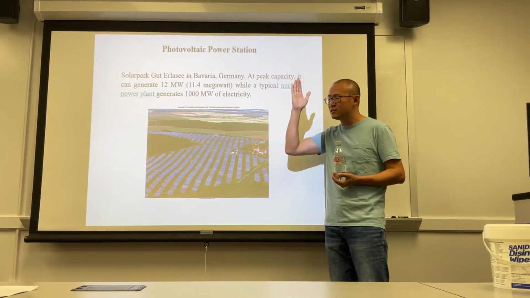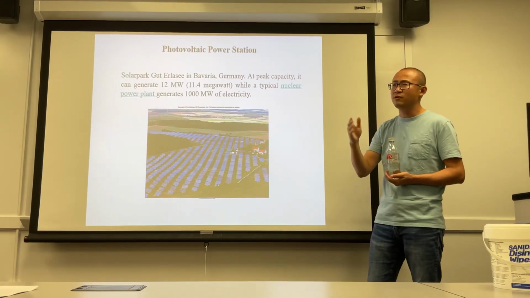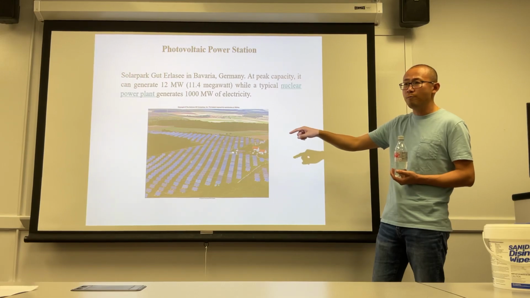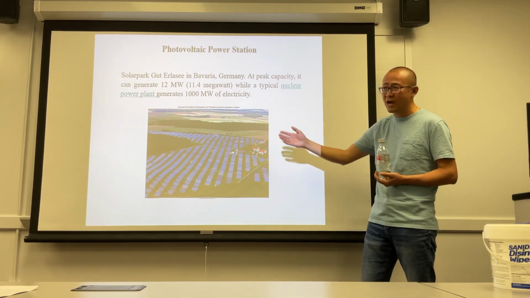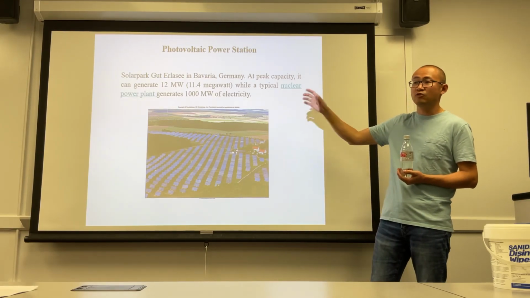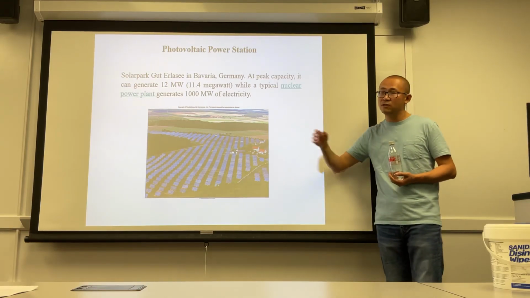Either you drive I-20 east or I-26 west. I'm sorry, I-20 west or I-26 west. You will see a small power station like this. You can actually see it on the highway. I forgot I-26 or I-20, but you will see that. But I think that is actually built for a factory nearby. But again, you actually see those around us.